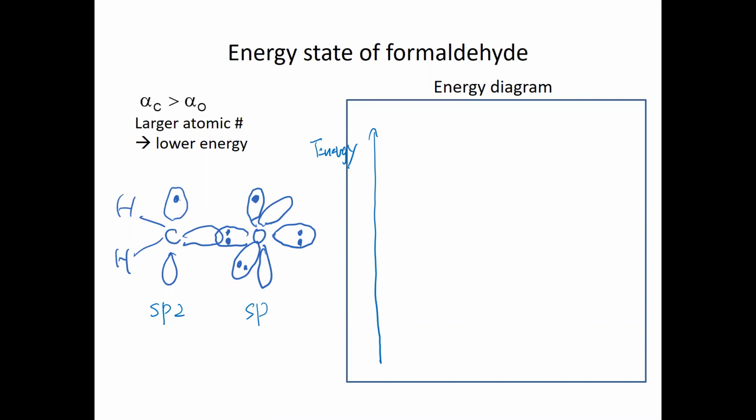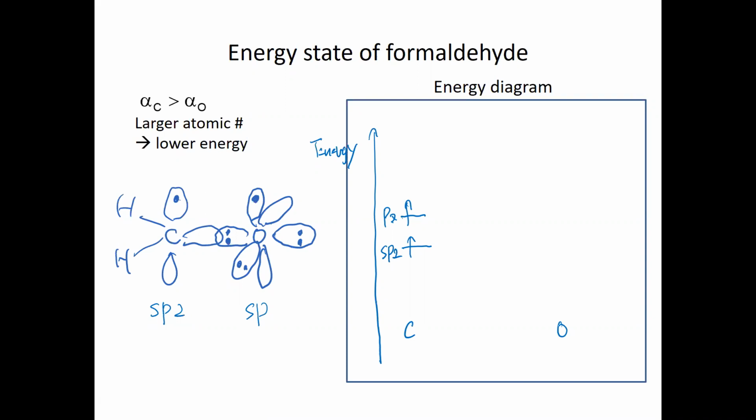On the carbon side, we have one sp2 orbital, as I mentioned, and then a pz orbital. Each orbital has one electron. This is the carbon side. And the oxygen side has sp orbitals and also pz orbitals involved.